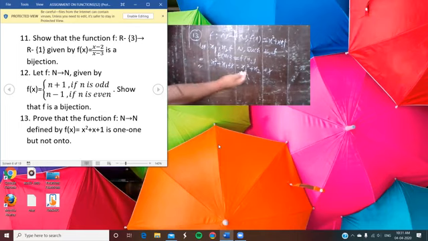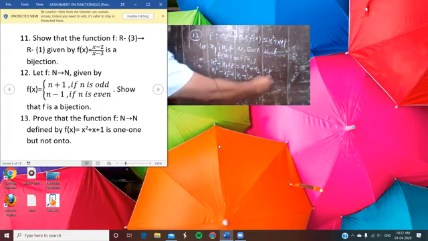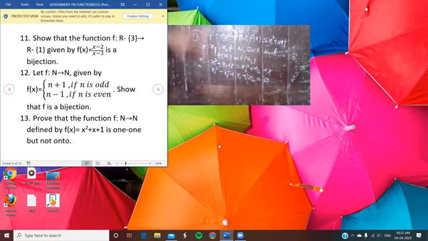Now transposing each term to the left side, x1 square minus x2 square plus x1 minus x2 is equal to 0. So first you make it 0 and try to factorize it.